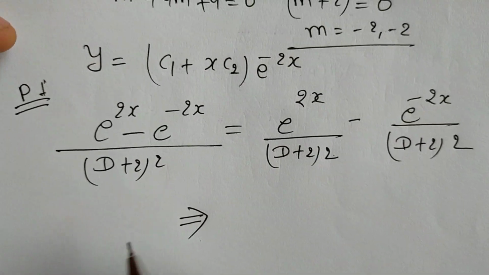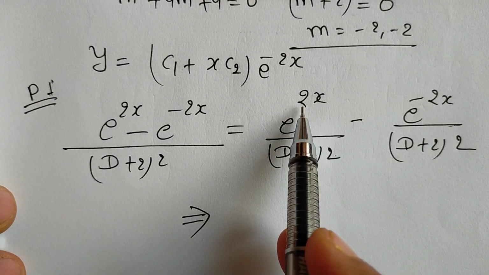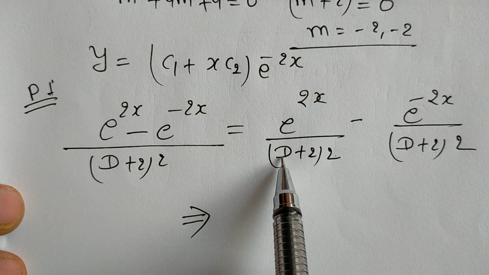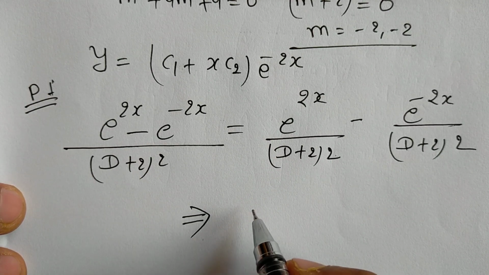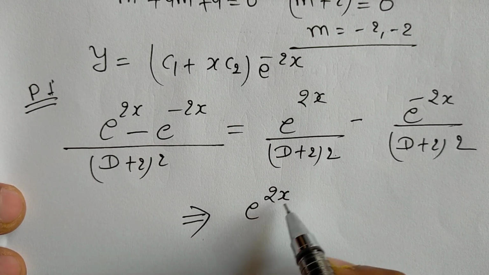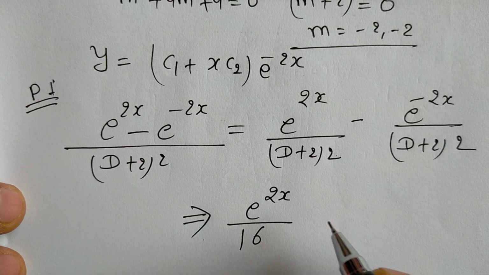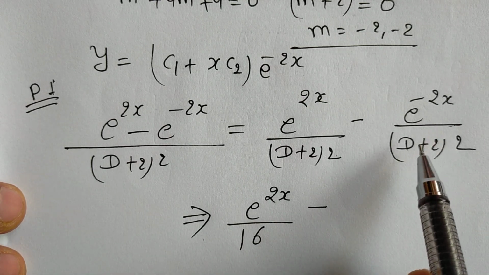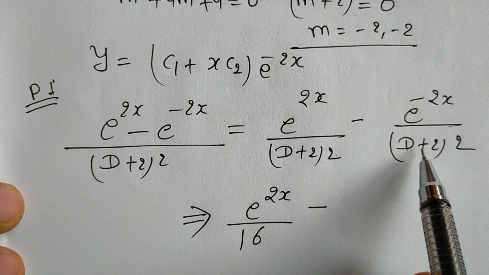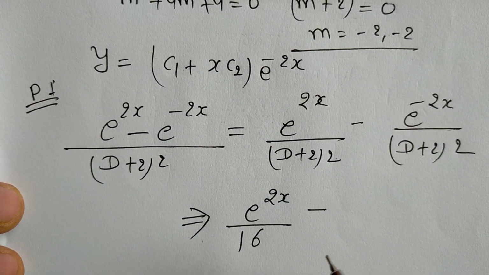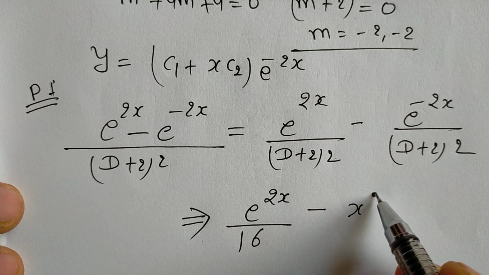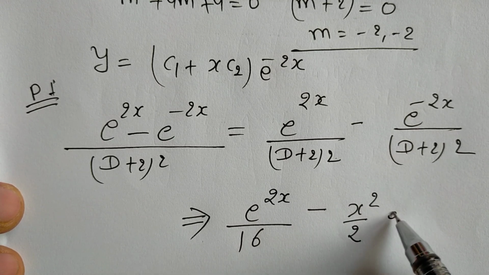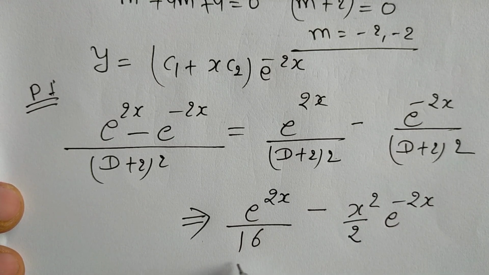In the first term, D is replaced by a, where a equal to 2. So 2 plus 2 is 4, 4 square is 16. So the first term is e power 2x by 16. For the second term, in the place of D you put minus 2, which gives 0, so we apply the (D minus a) power n formula. So we get x square by 2 and exponential minus 2x.